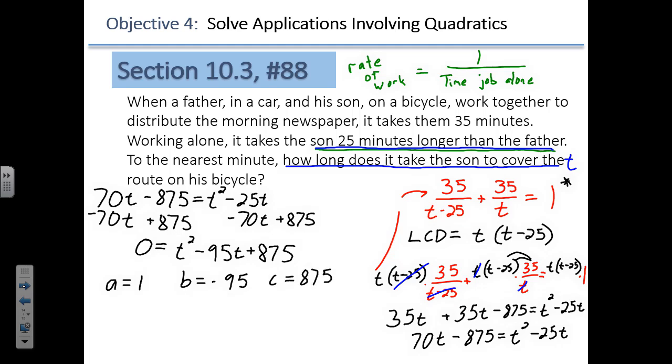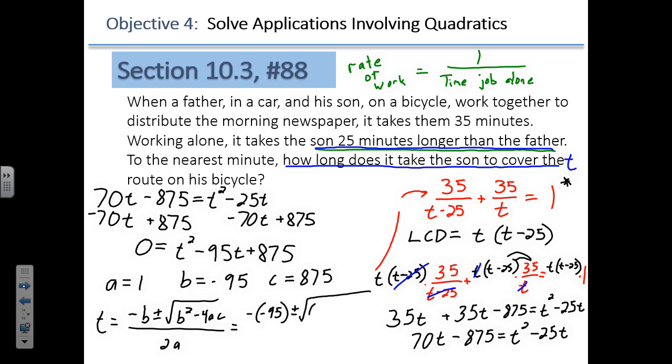So we're solving for t this time, so t will be equal to negative b plus or minus the square root of b squared minus 4ac all over 2a, and in this case that becomes negative 95 plus or minus the square root of negative 95 squared minus 4 times 1 times 875, all over 2 times 1.